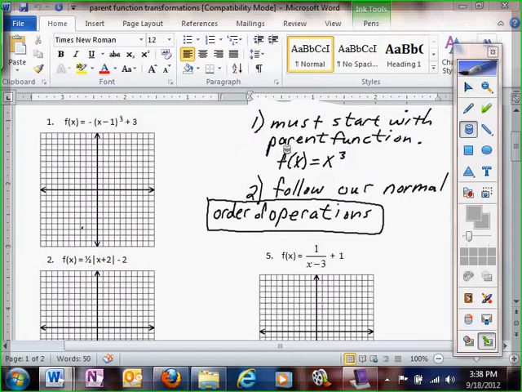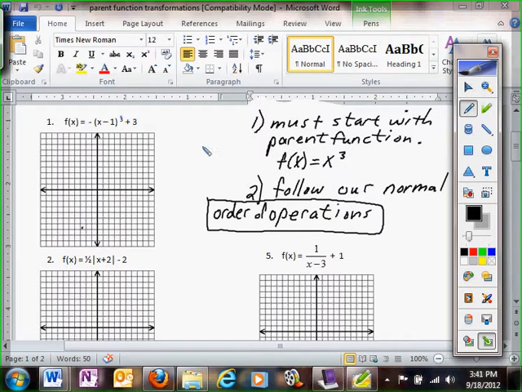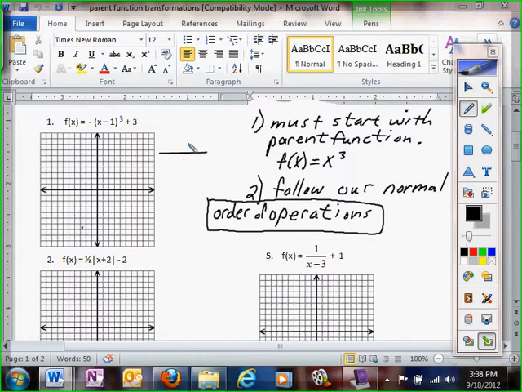So what you have to do in order to graph a function, you can graph pretty much any function, if you start with an XY chart, a T-chart. And you want to always start with the values for x. You choose those values, by the way, with these values.